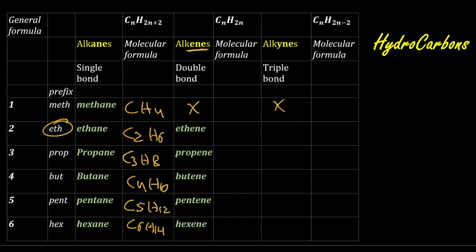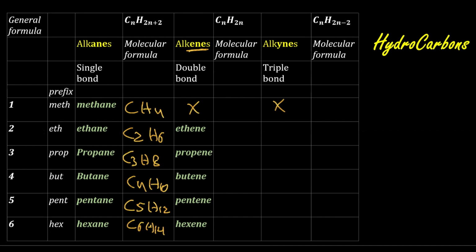Regarding its molecular formula, we have the general formula CnH2n. That means whatever the number of carbons, the hydrogen will be twice that. Let's talk about the molecular formula.